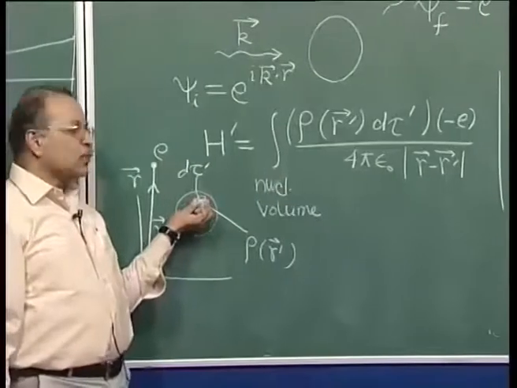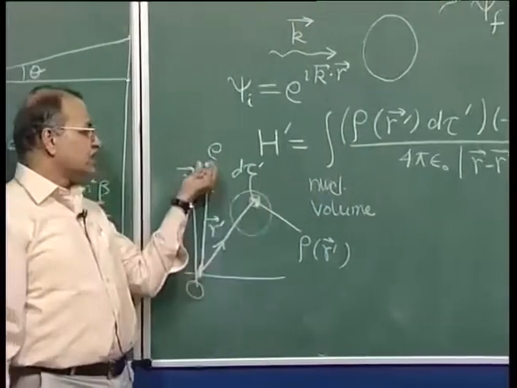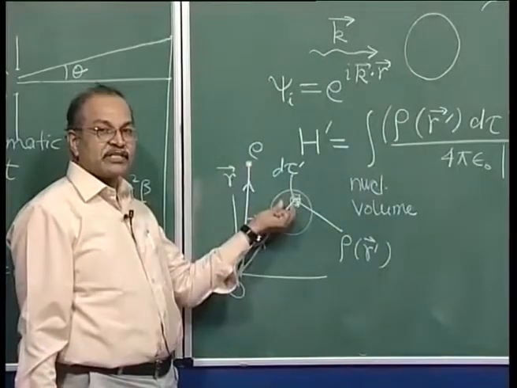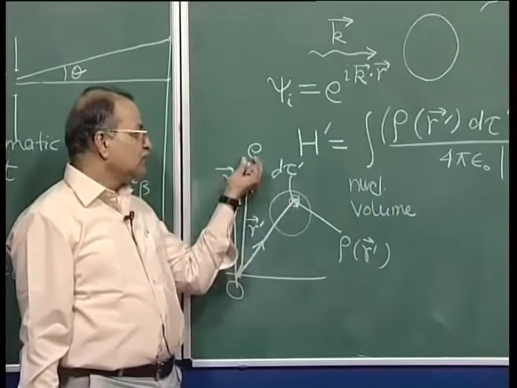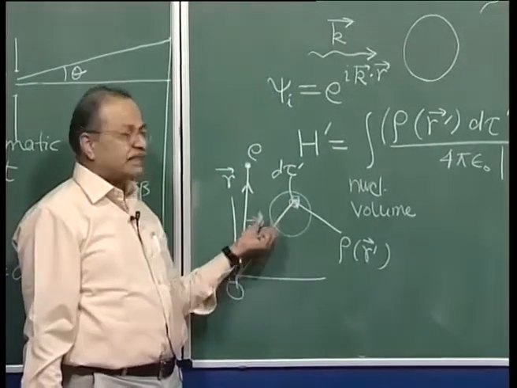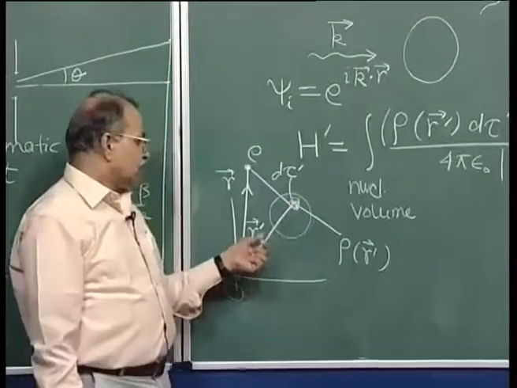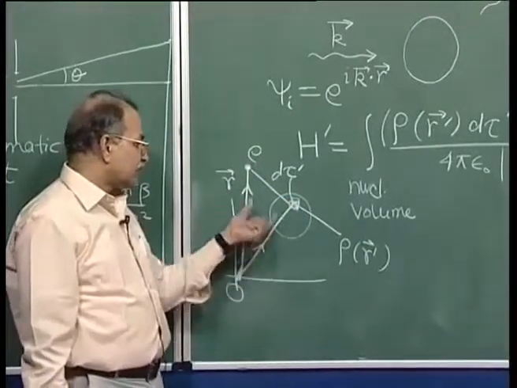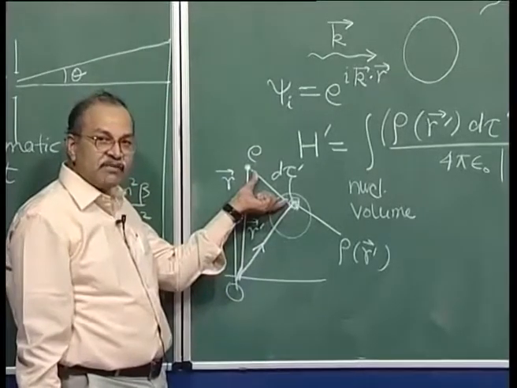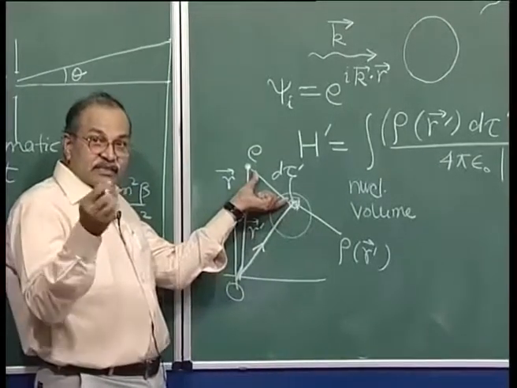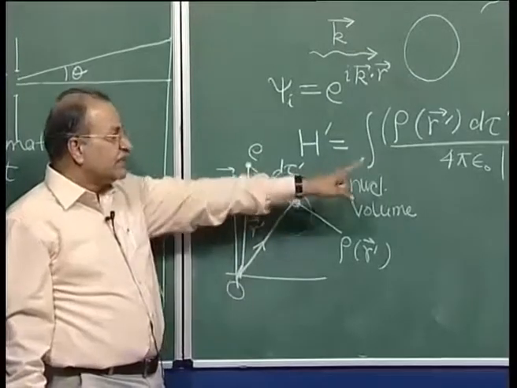This is charge q1 and this is charge q2 and the potential energy is q1 into q2 divided by 4 pi epsilon naught, distance between this and this, which will be this vector r minus r prime, and mode of that, that means the separation between these two is this.